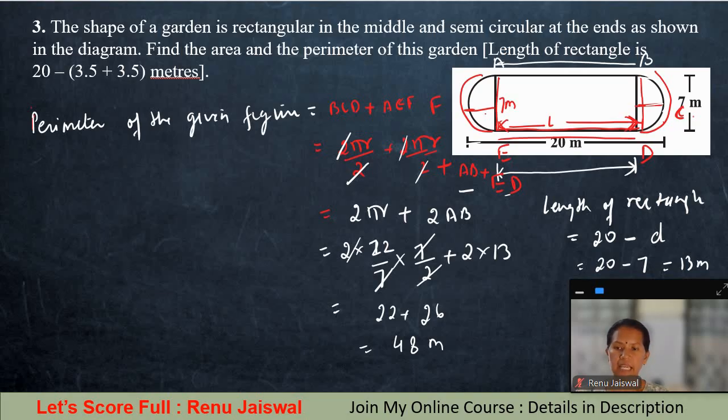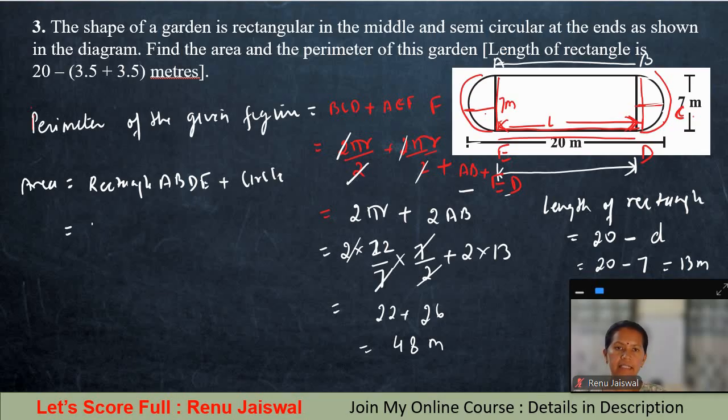Now come to the area. Here area is, I need to take the area of rectangle ABDE, this part ABDE, and the area of semicircle on this side and semicircle on another side.